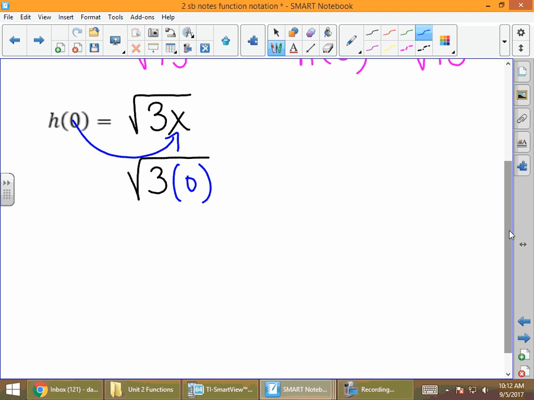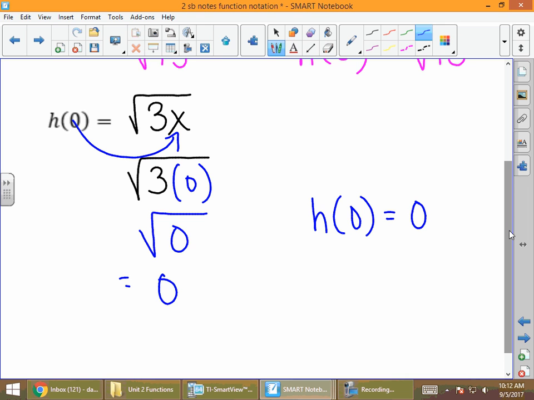Well, 3 times 0 is 0. And can we take the square root of 0? And we actually can. It just is 0. We don't have to write the square root symbol anymore. So in this case, our input of 0 gives our same output of 0.